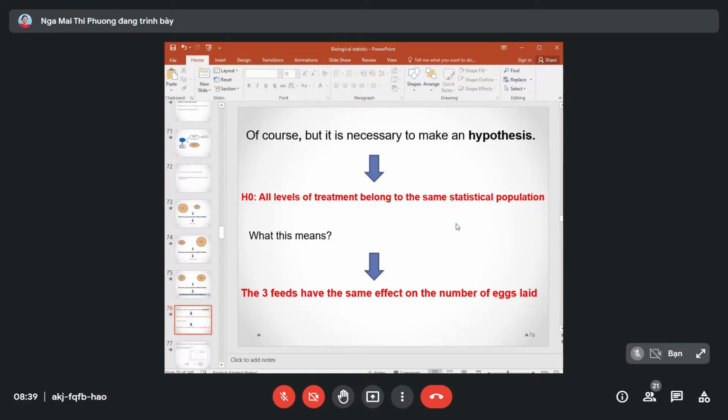And the alternative hypothesis, H1, is that the three feeds don't have the same effect on the number of eggs laid. We will find which feed will have the highest number of eggs, the highest result. We hope we will accept H1 in this case.